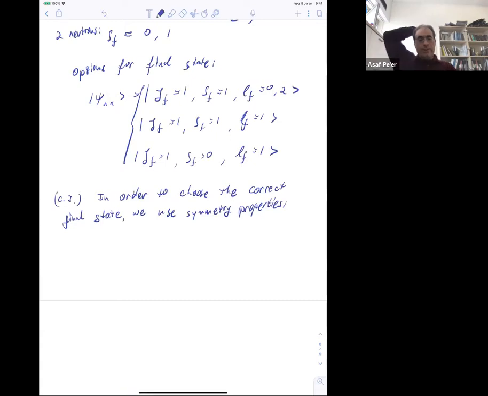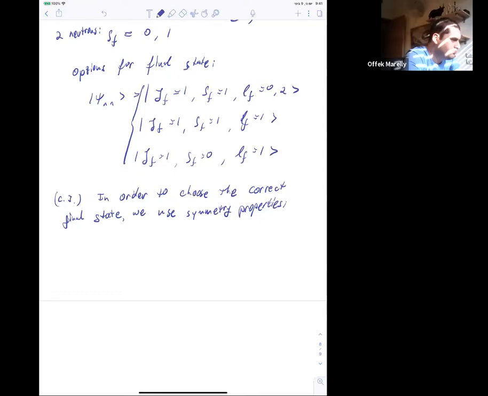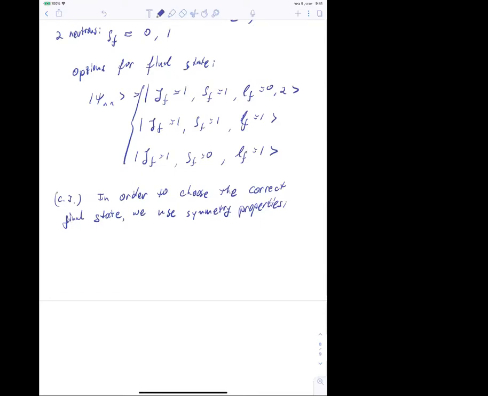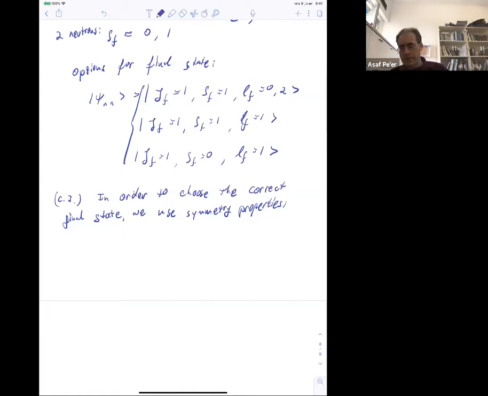So, what do I mean by symmetry properties? Right, we have two neutrons. Which type of particles are they? Well, I mean fermions, not bosons, right?